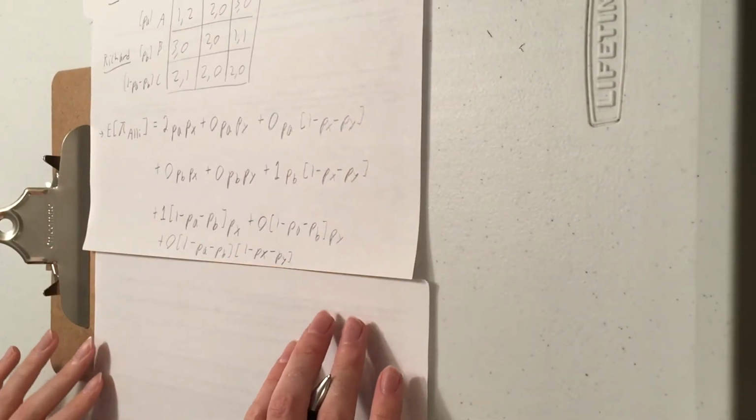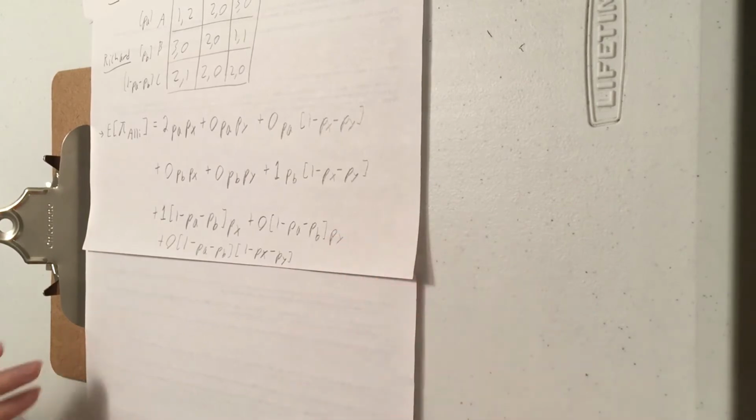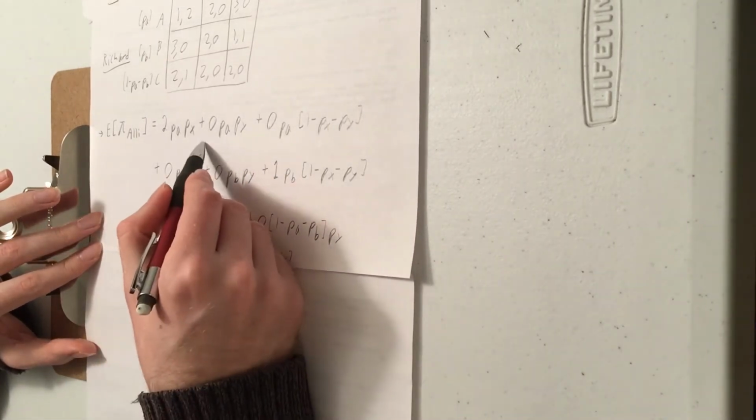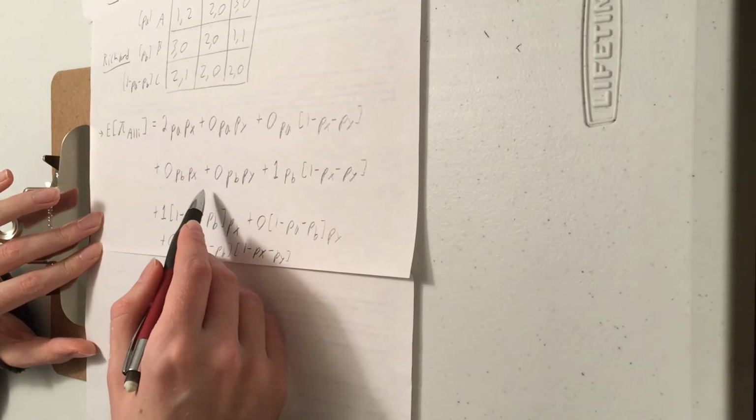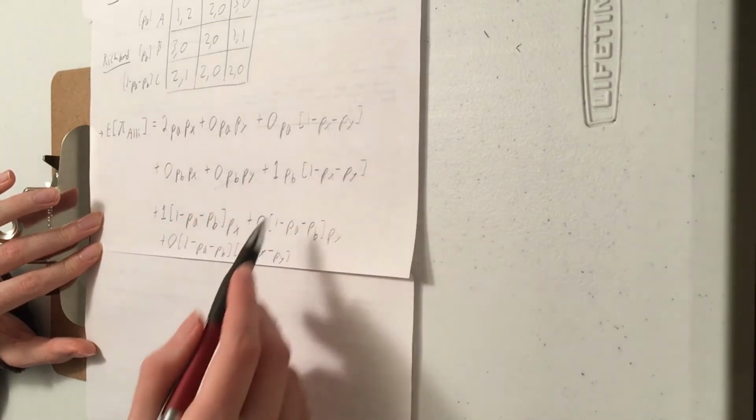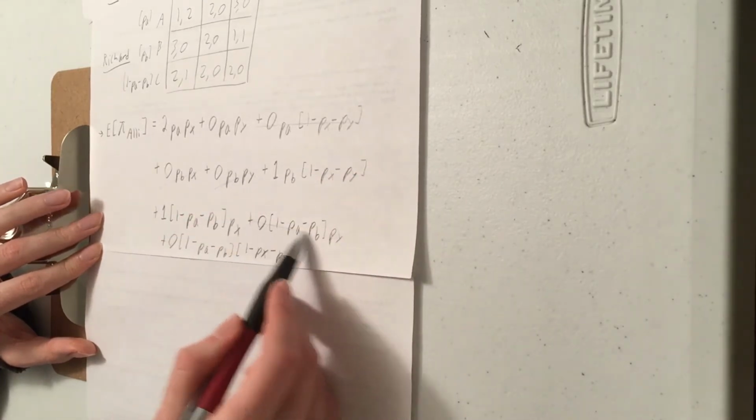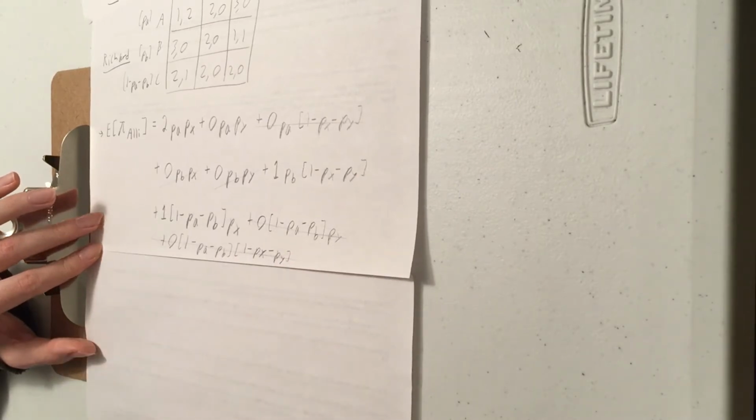So you can tell I rigged this example with lots of zeros, so the math works out cleanly. So that goes away, that goes away, and all that goes away.